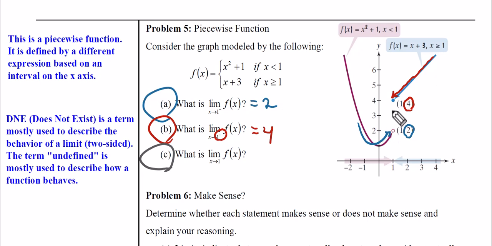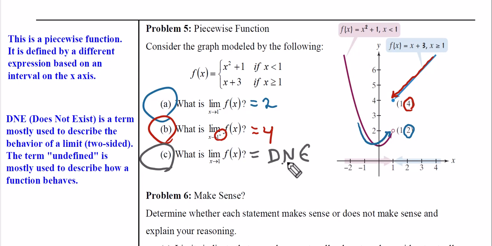They're not approaching the same number. So because they're not approaching the same number, we say that the limit does not exist. Now this is only the case, like we're showing here, for a two-sided limit. Notice that for one-sided limits, we actually had answers, we had numbers that we were approaching. But in the case of a two-sided limit, if it can't agree, then it doesn't exist. There's no deal.